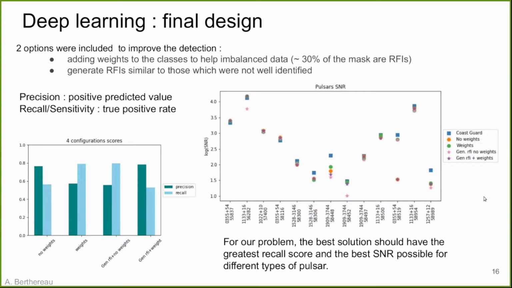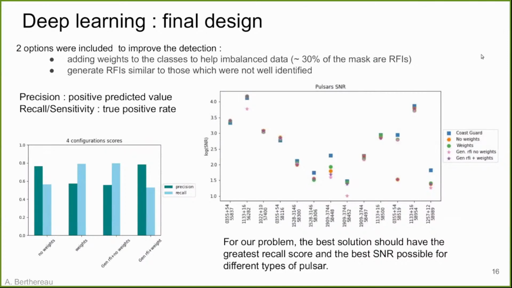So we decided to take this as our final design. We then don't use the generated RFI, but we use weight during the learning process. So this is our deep learning method.